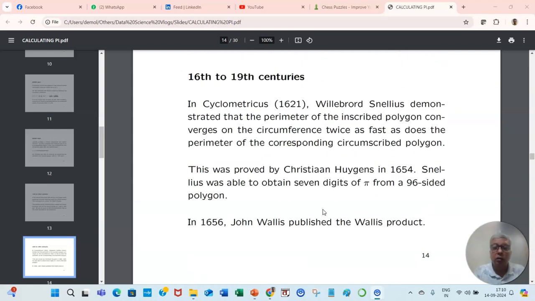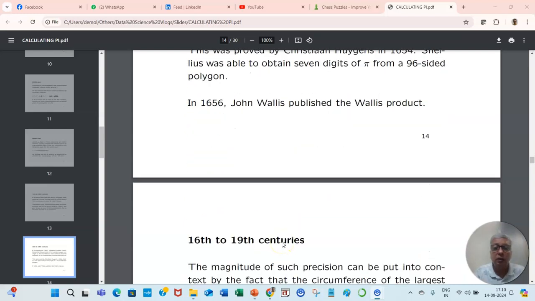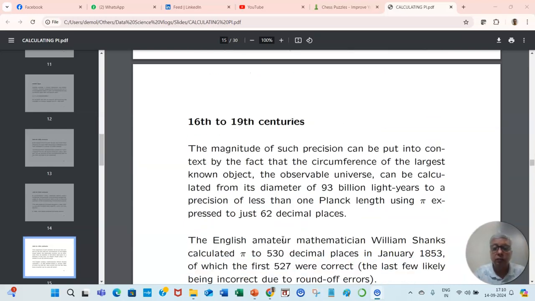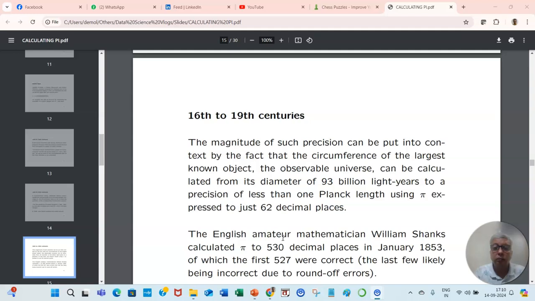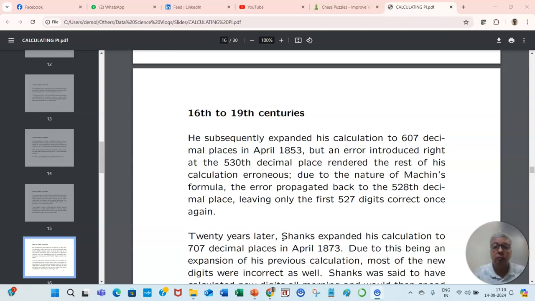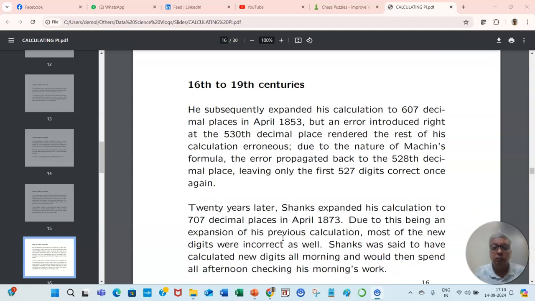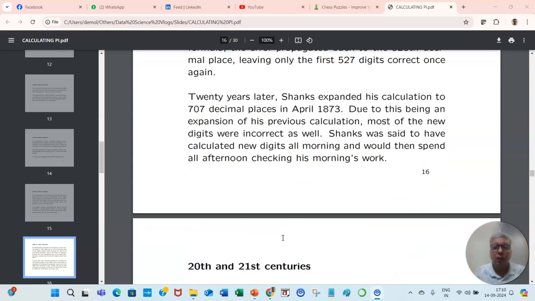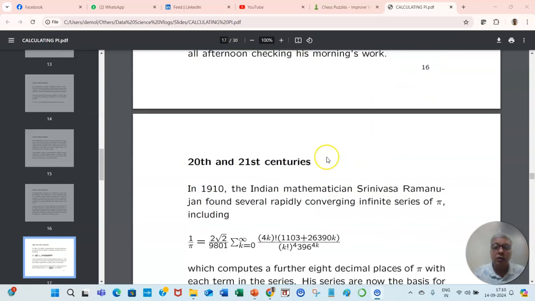The Wallis product formula for pi came out in 1656. There are talks about the English mathematician Shanks, who calculated pi up to 707 decimal places, but there were some errors in his calculations.